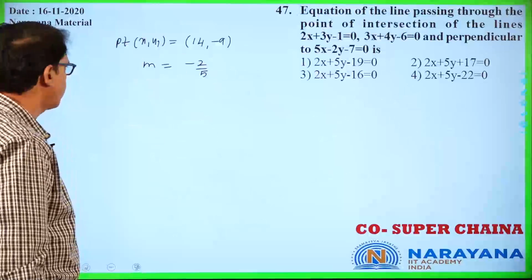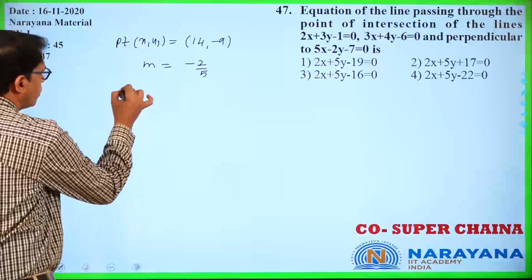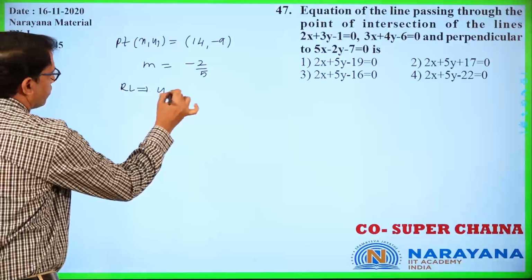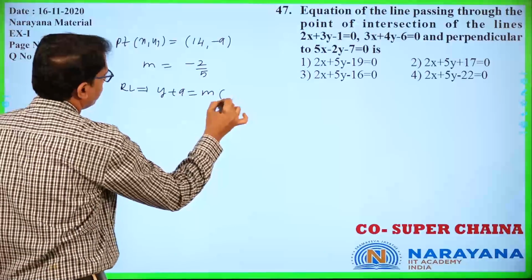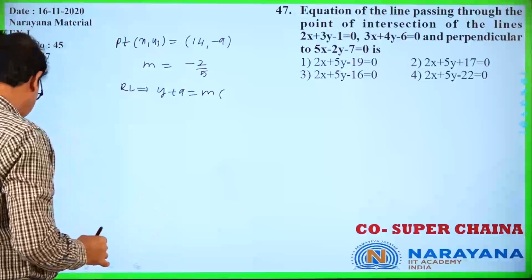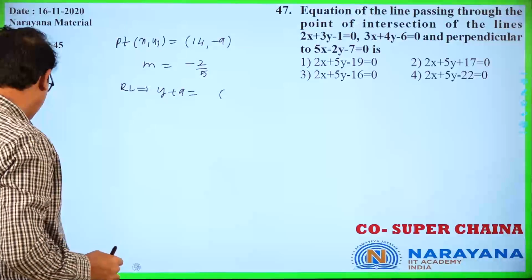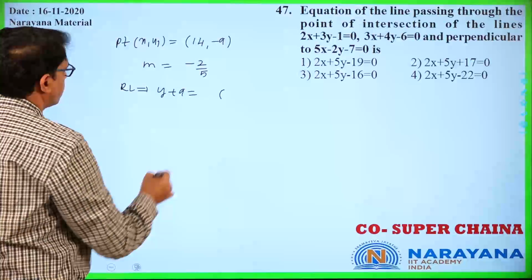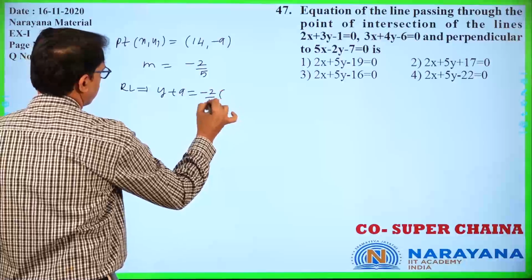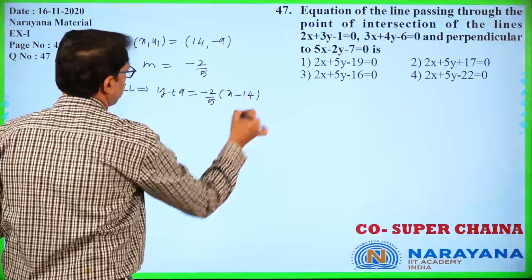Then the equation of the required line is y minus y1 equals m into x minus x1. With the m value, y plus 9 equals minus 2 by 5 into x minus 14.